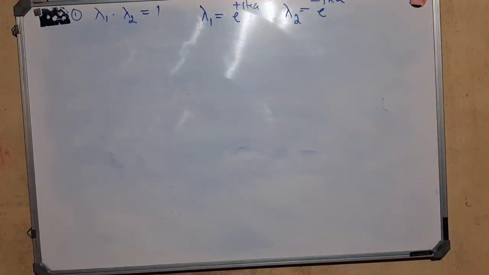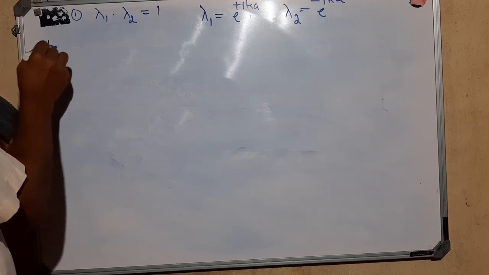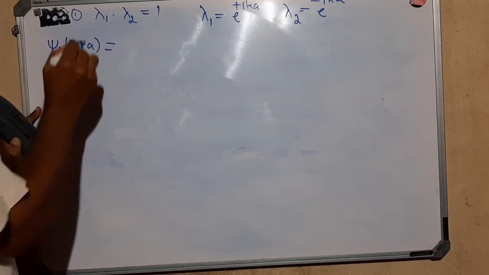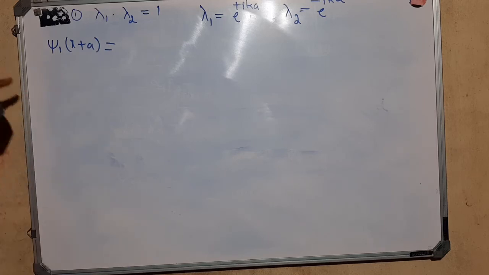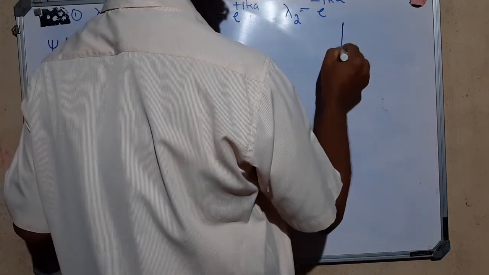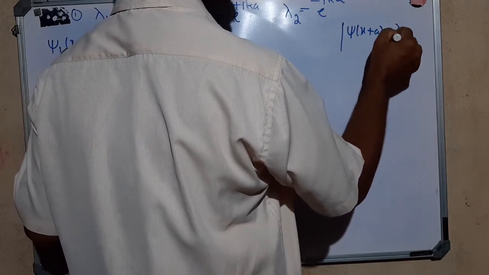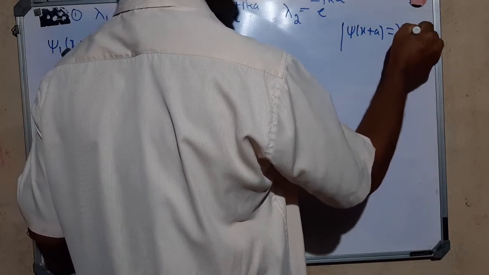Now you write ξ1 of x plus a. As you know, remember this: in the beginning we have written ξ of x plus a is equal to lambda of ξ of x.